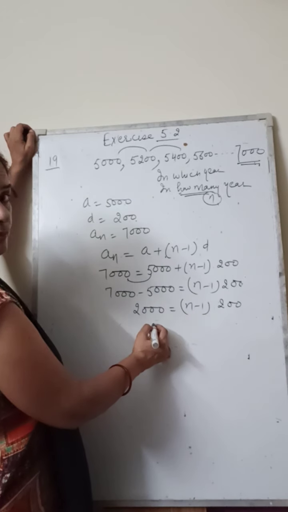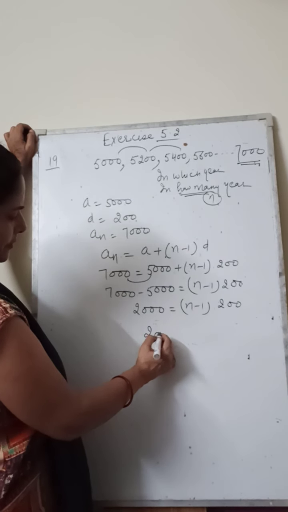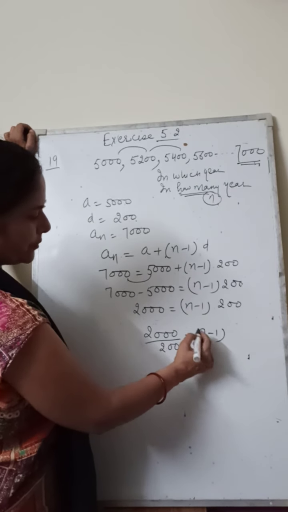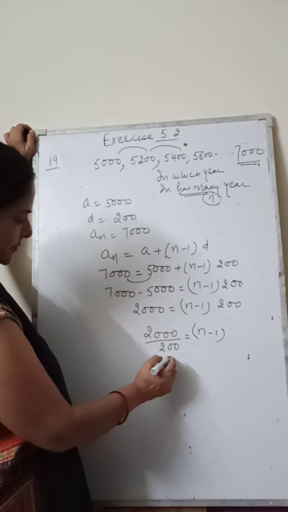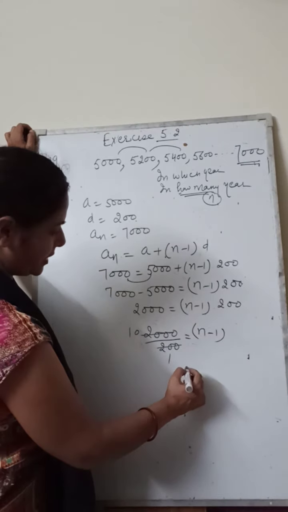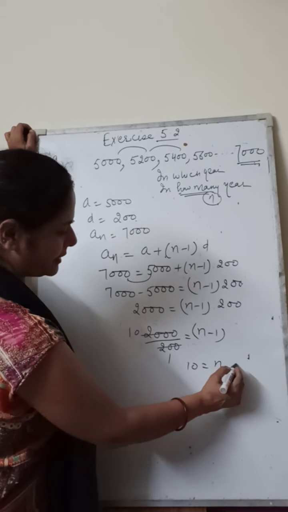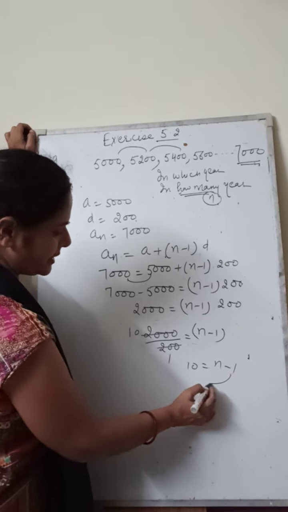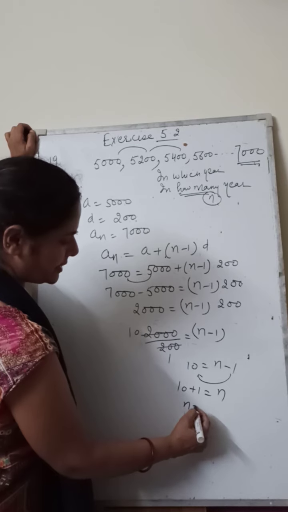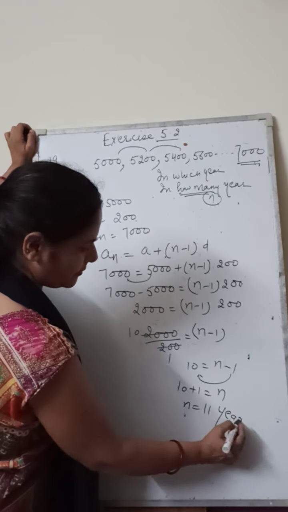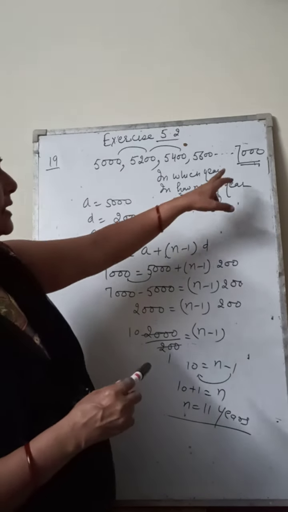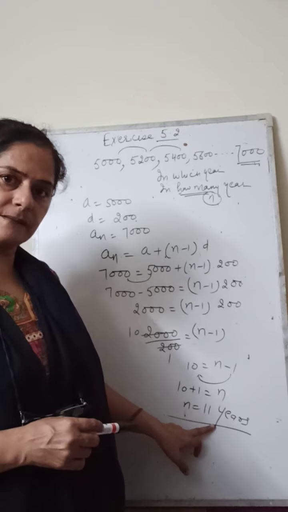This 200 will come down. 2,000 upon 200 is equal to n minus 1. 2,000 upon 200 is 10. So 10 is equal to n minus 1. This minus 1 will come to this side. 10 plus 1 is equal to n. So n is equal to 11 years. So his salary of 7,000 will be reached in 11 years.